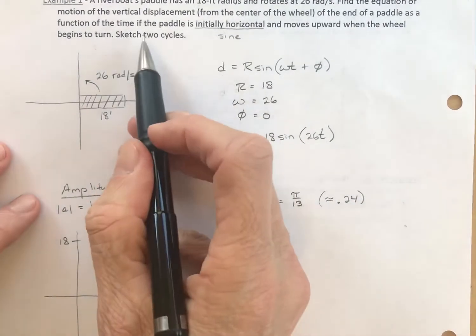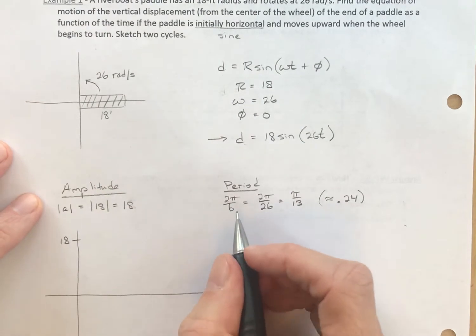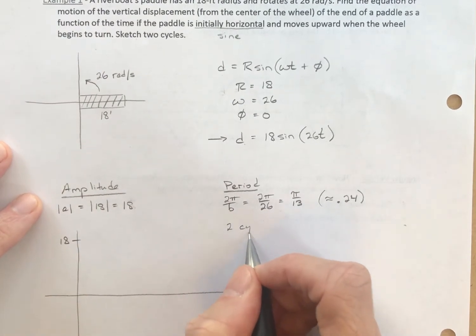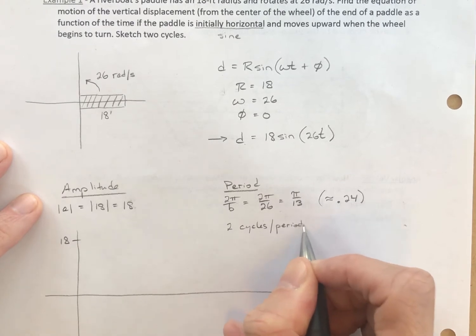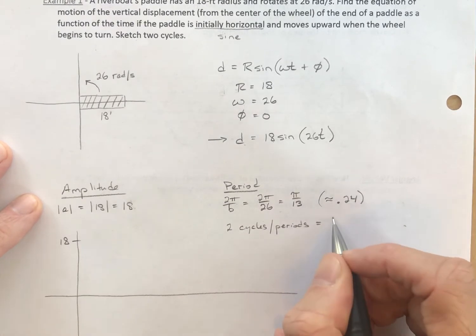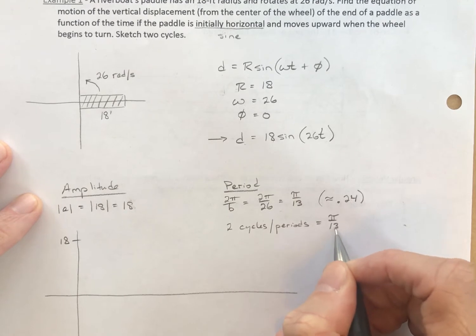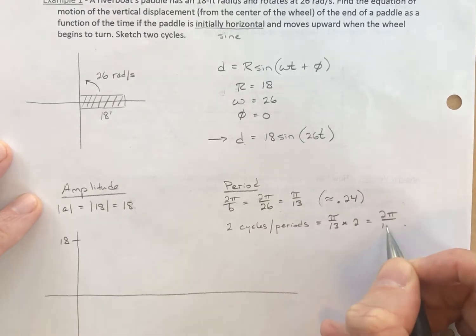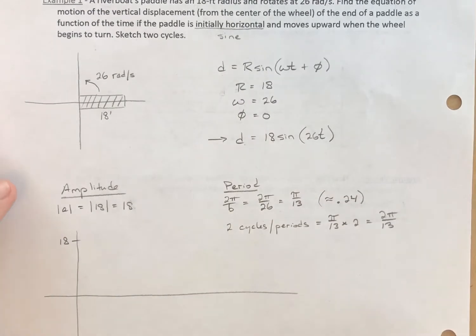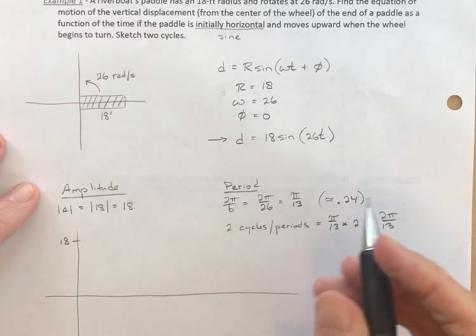But we want to sketch two cycles, so we want one period times 2. We want to go to 2 pi over 13. So one period is pi over 13.